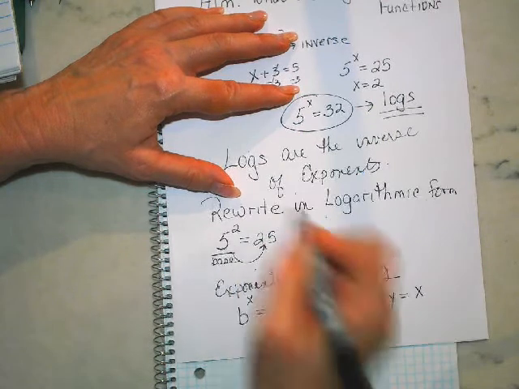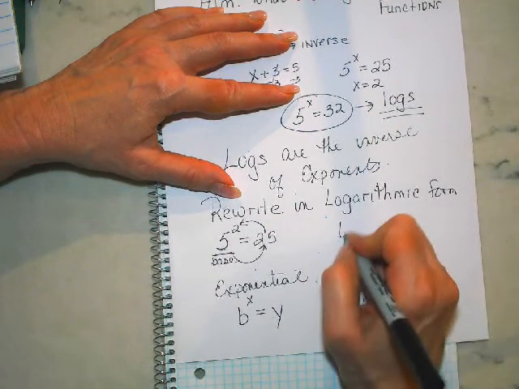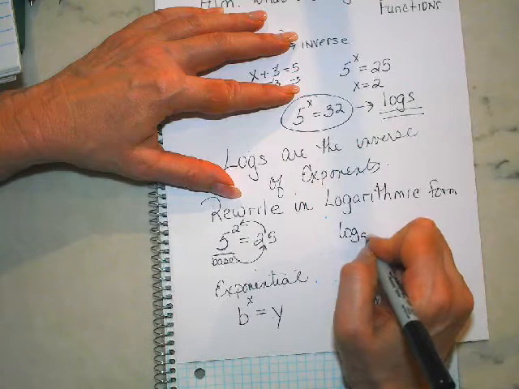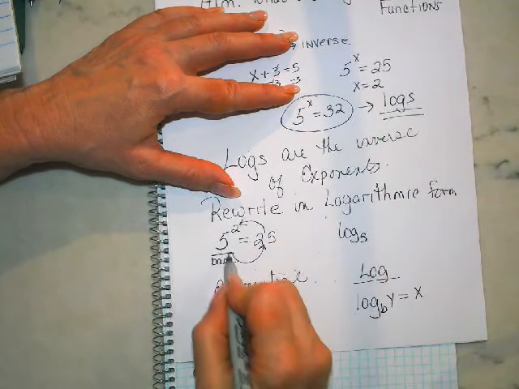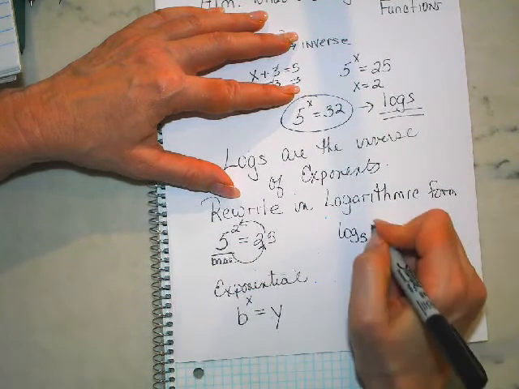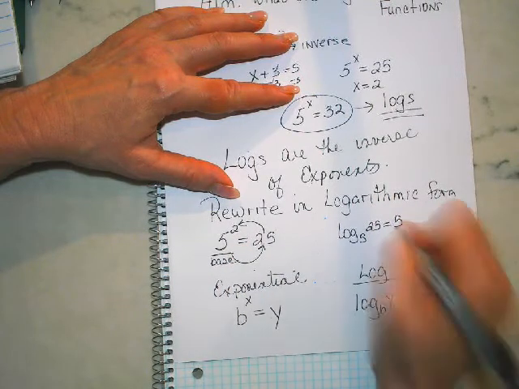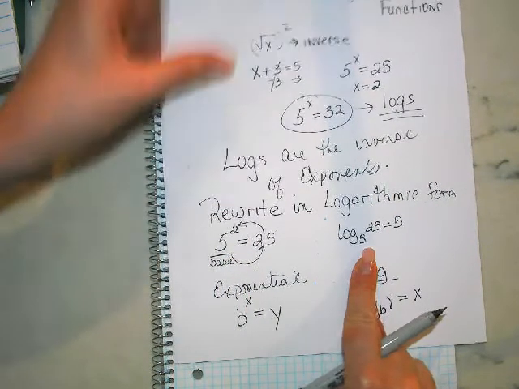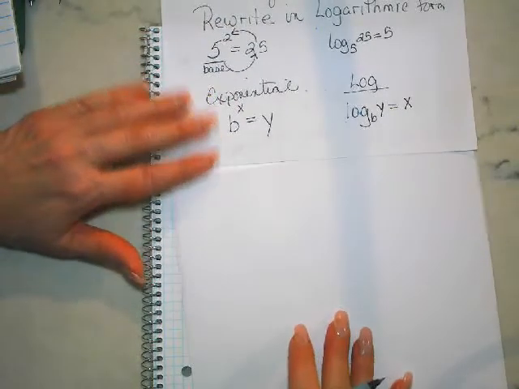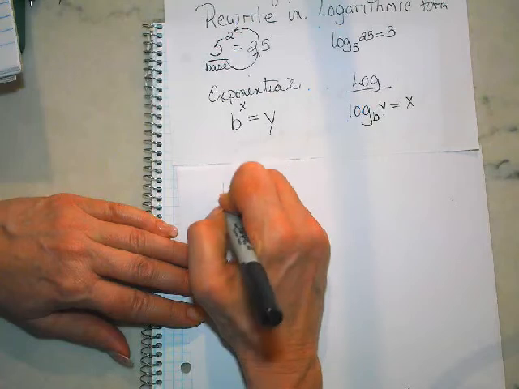You always just start with your base and draw arrows. So it's going to be the log of the base. Always remember, guys, the base goes in the bottom, almost like the basement. My arrow then goes to 25, equals 5. That's how you rewrite from base to log. Very simple.